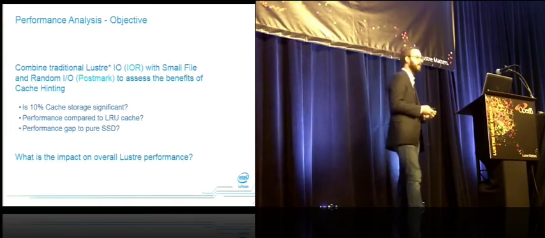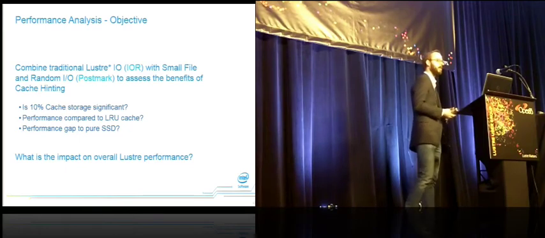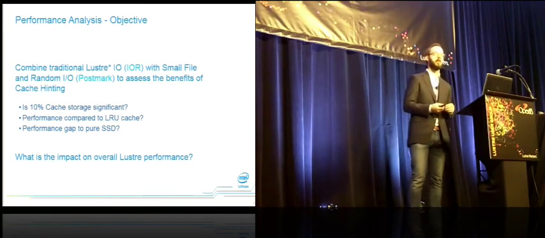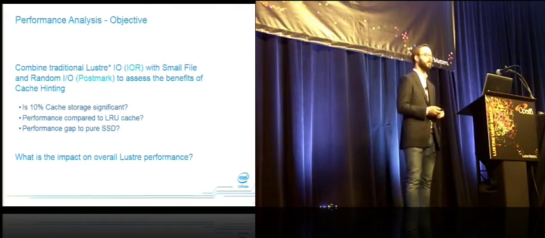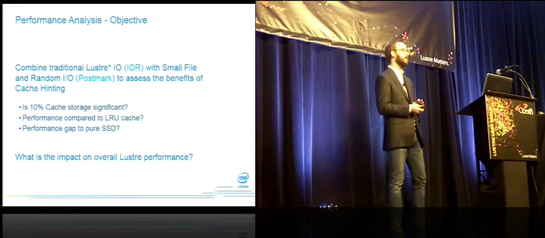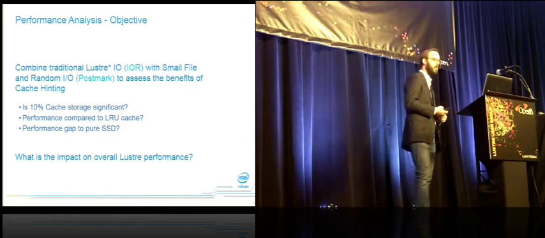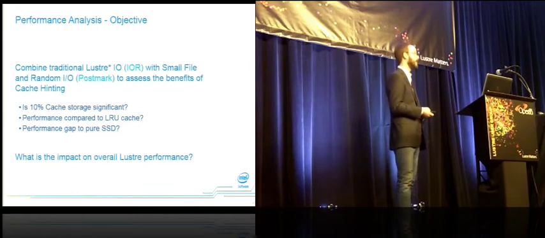So for our performance analysis, what we wanted to do is look at the use case that the customers we were working with had talked about. We took traditional Lustre I/O using IOR, and we combined that with small file and random I/O using Postmark. We wanted to run those to assess how that workload would do on a hinted environment. We used 10% cache for that test, and we wanted to see, is that enough?